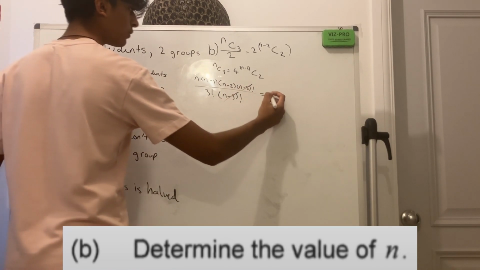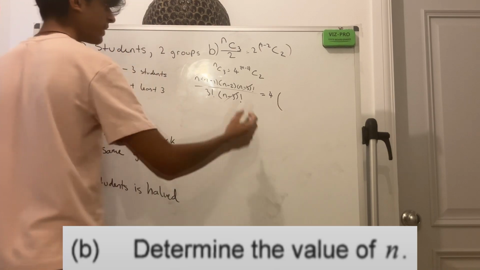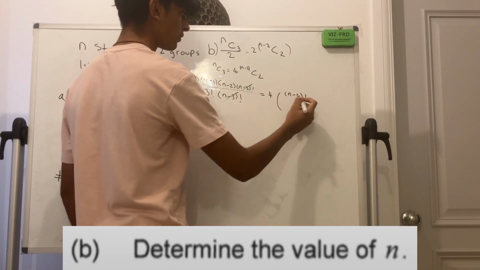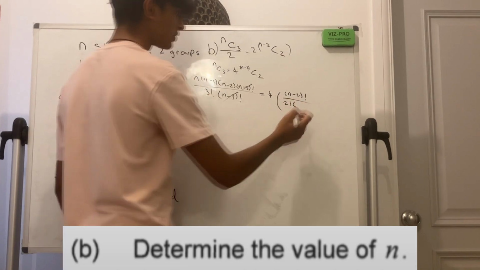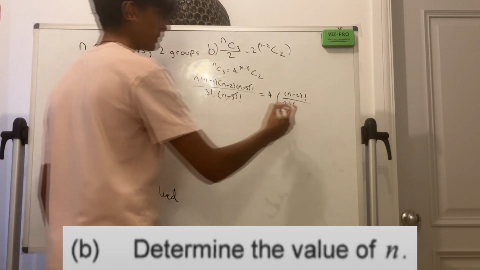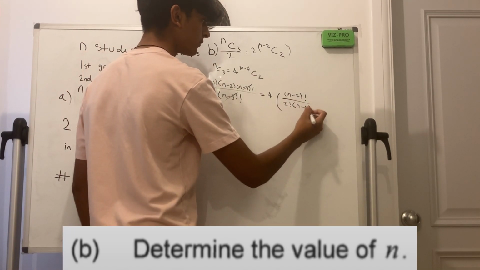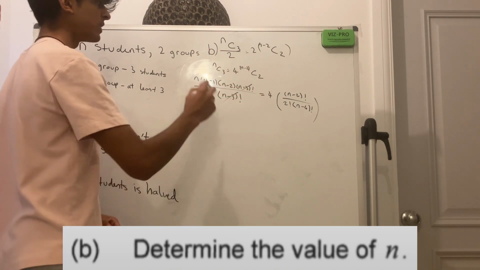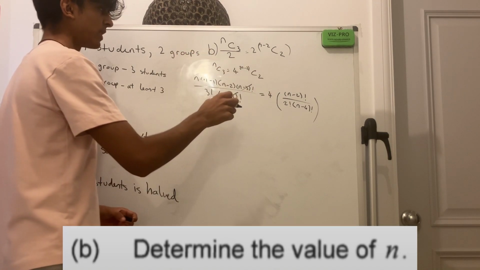And that is equal to 4 multiplied by n minus 2 choose 2. So it's going to be n minus 2 factorial over 2 factorial multiplied by n minus 4 factorial. N minus 2 factorial is n minus 2 times n minus 3 times n minus 4 factorial.